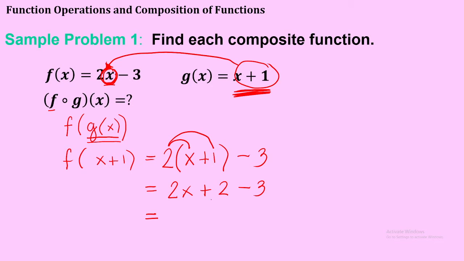Positive 2 and negative 3. And how much is this when combined? Negative 1. So this is now 2x minus 1. That is now our answer for the composition of f and g. So this will be our answer.